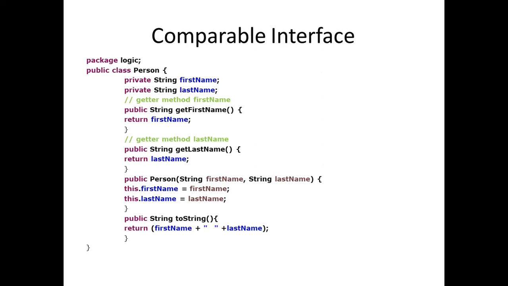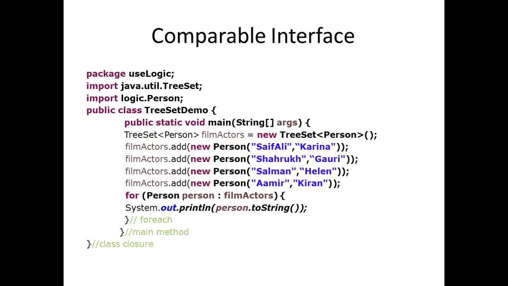See, this is the class which is there in the logic package. You have one more package which is use logic. In that you will be creating a class which is TreeSetDemo, which will have a main method.